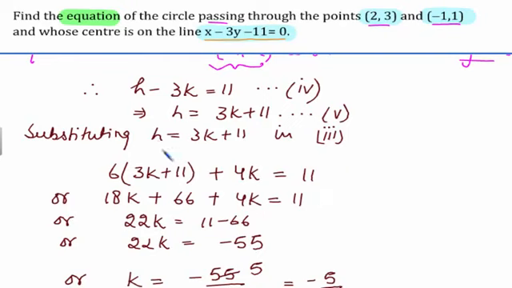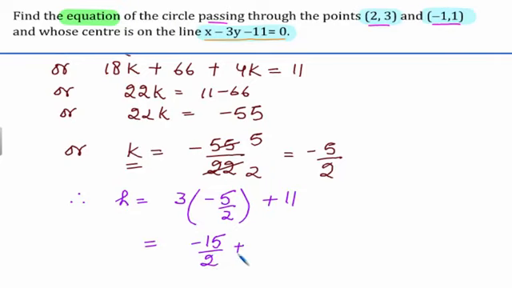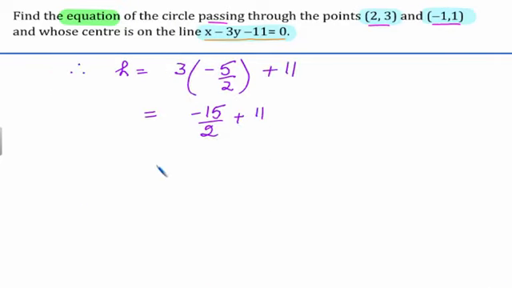Now h is equal to 3k plus 11. Therefore, h is equal to 3 into minus 5 upon 2 plus 11. So this is equal to minus 15 upon 2 plus 11, which is equal to minus 15 plus 22 whole divided by 2, which is equal to 7 upon 2.